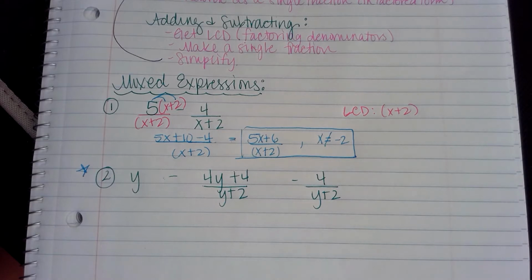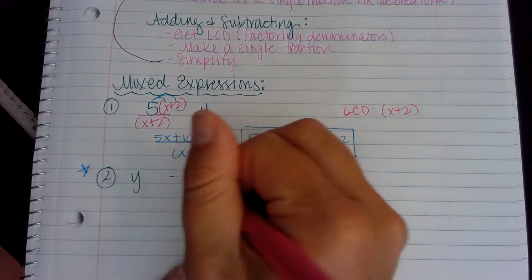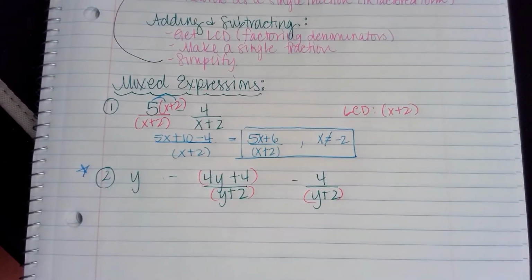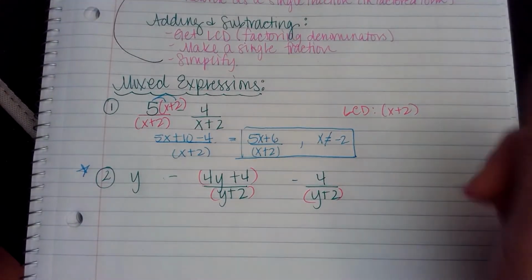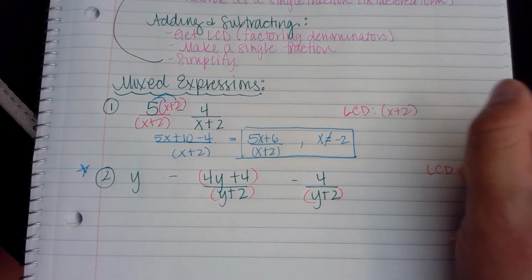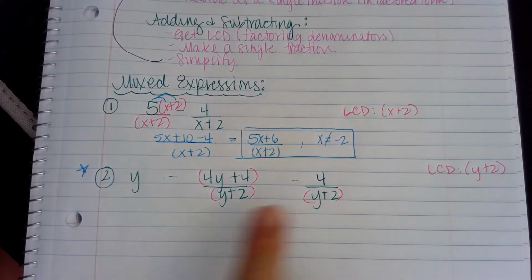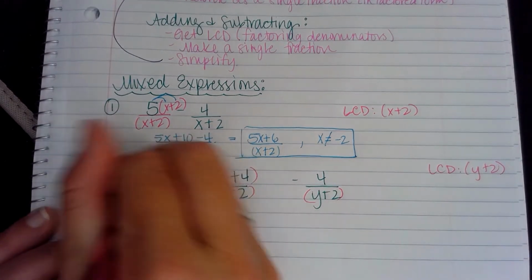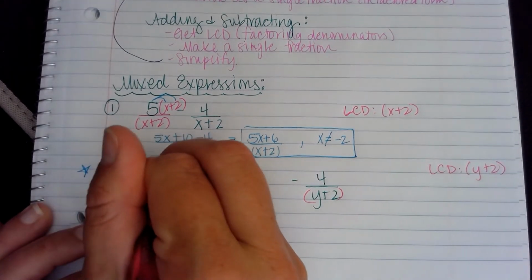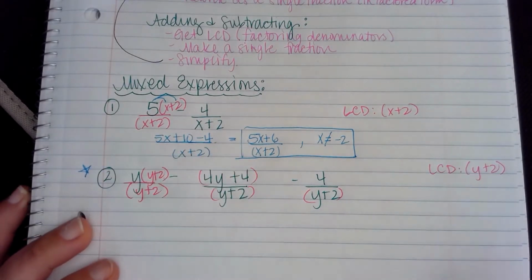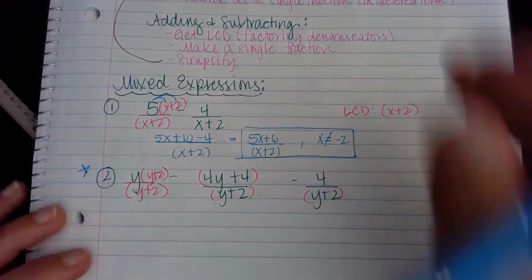Okay. So let's start off. Parentheses around any groups. There are all of my parentheses. On this one, my LCD is y plus 2. So this one has the common denominator. This one has the common denominator. This one does not. So I'm going to multiply it by y plus 2 over y plus 2. Okay.